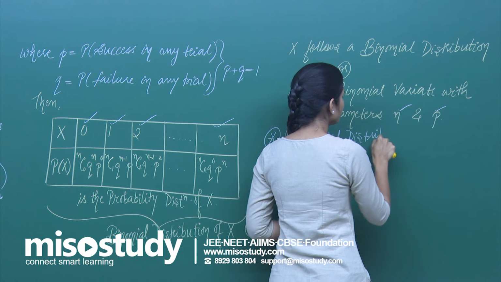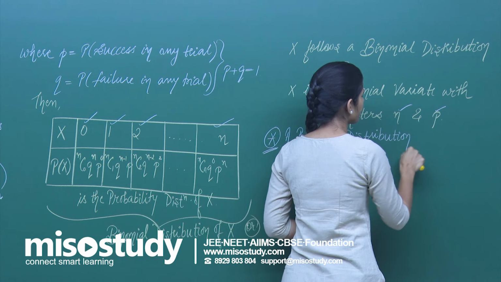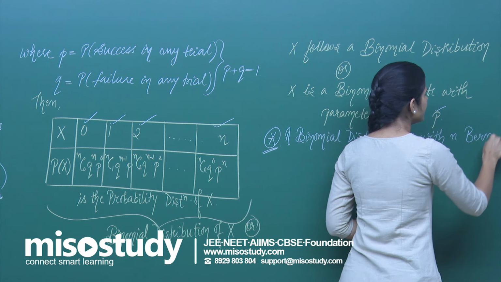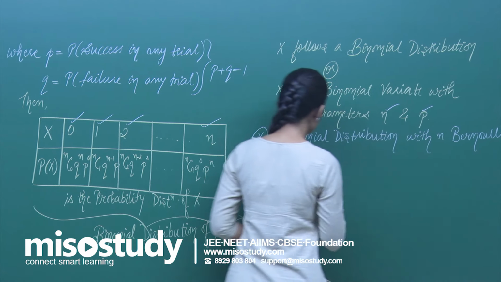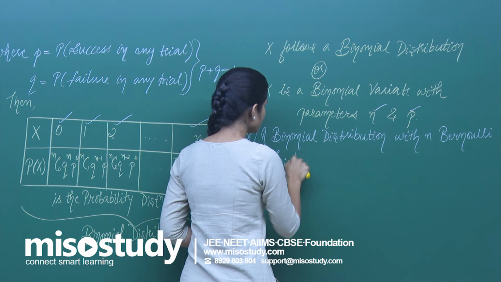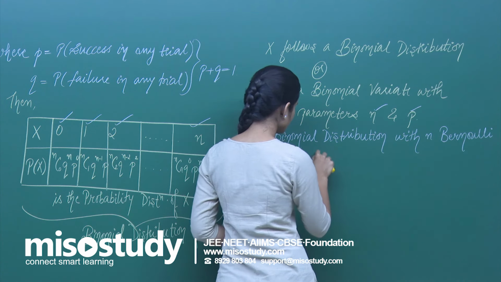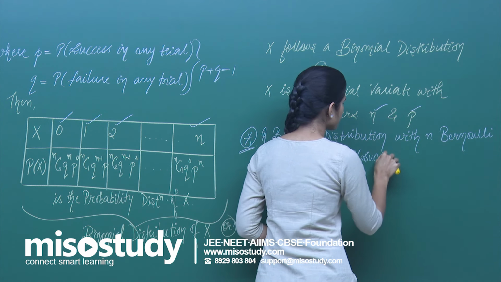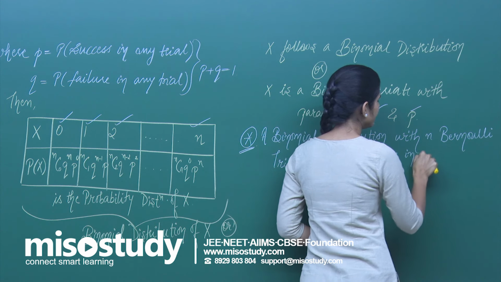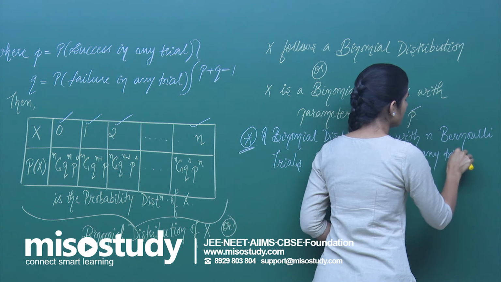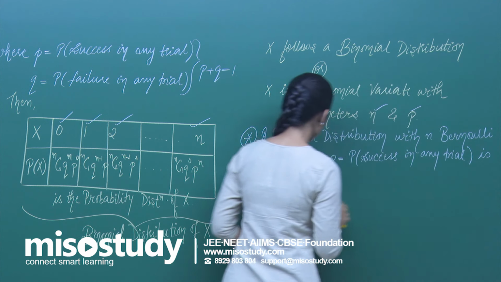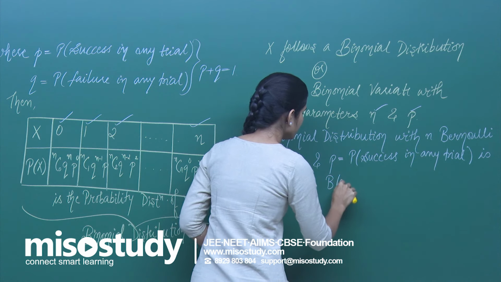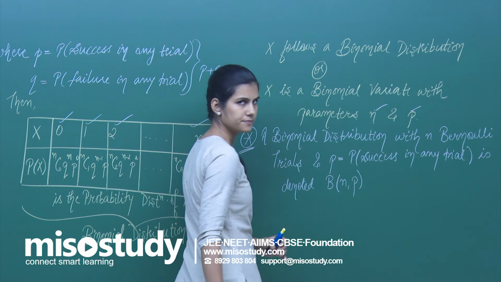So a binomial distribution with n Bernoulli trials, so n is important, n Bernoulli trials, and small p being equal to the probability of success in any trial, is denoted by B(n, p).